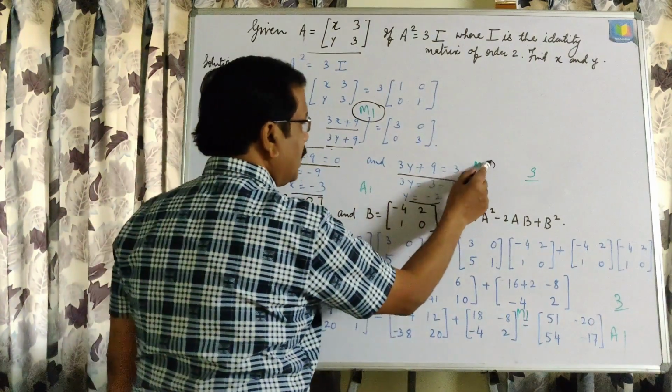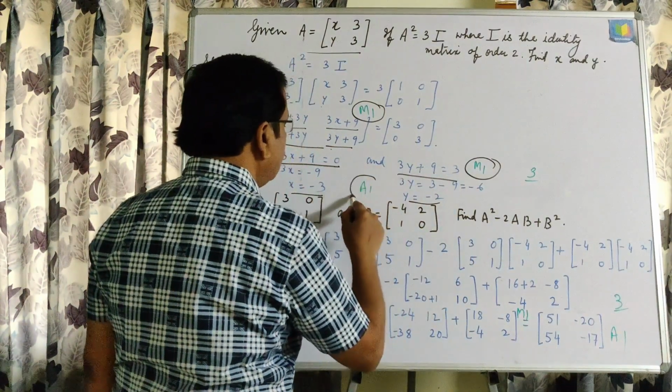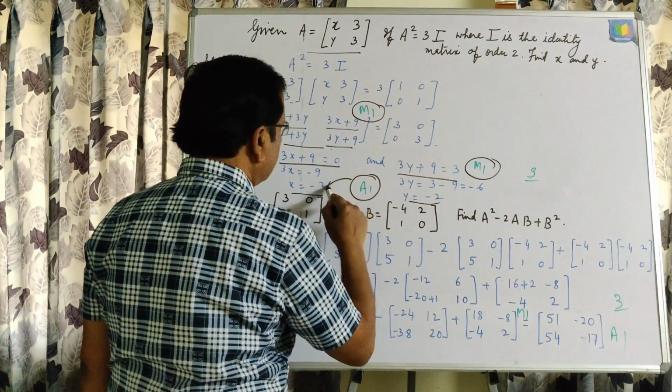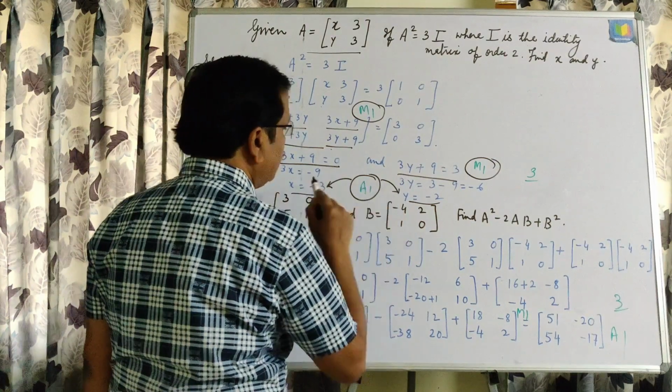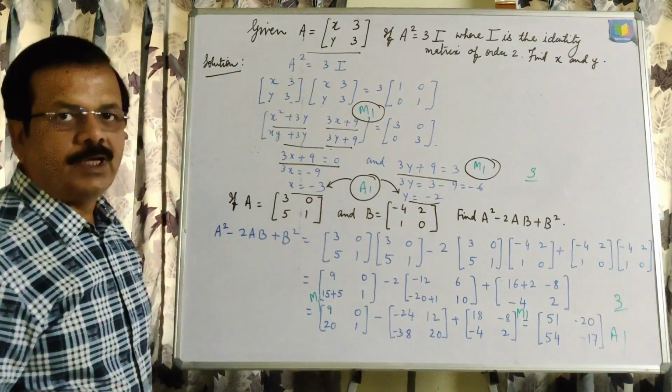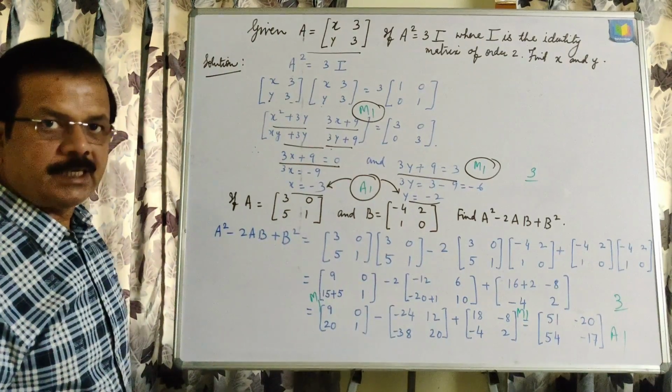And the third, if both answers are correct, x is equal to minus 3 and y is equal to minus 2, then the answer mark was given.